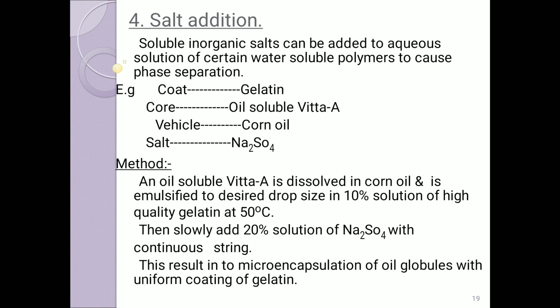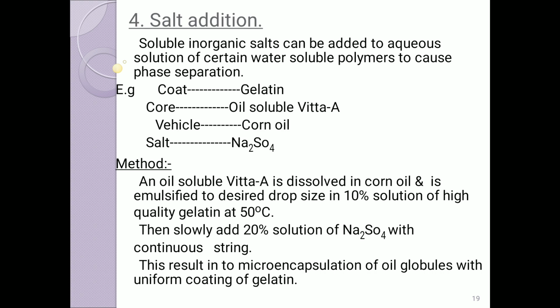Then it is emulsified to the desired drop size with a 10% solution of high-quality gelatin at 50 degrees Celsius. The gelatin is the emulsifying agent, so you obtain a very well mixed solution.